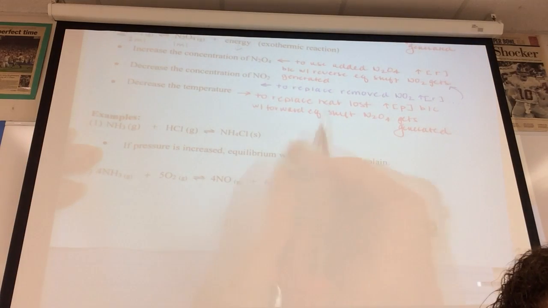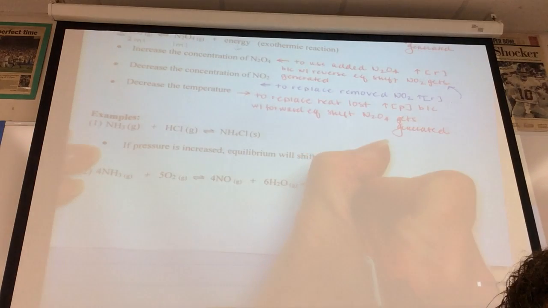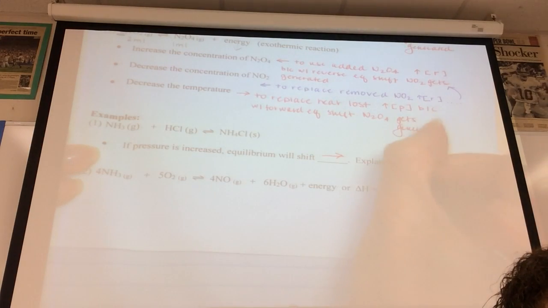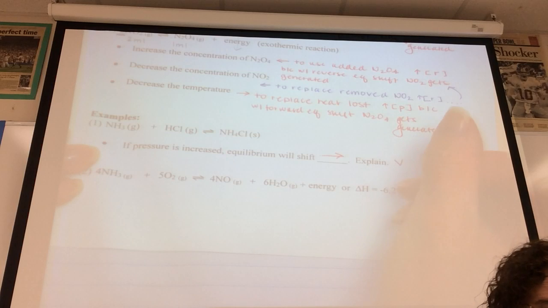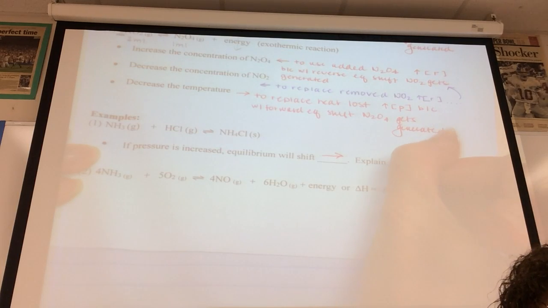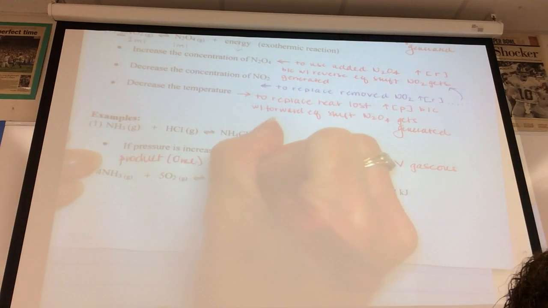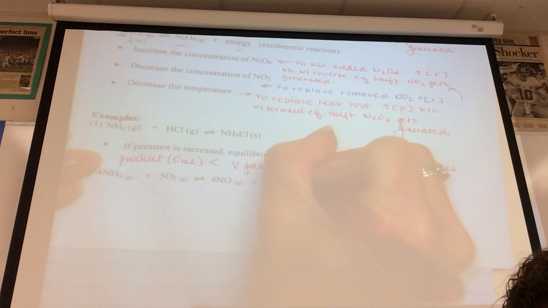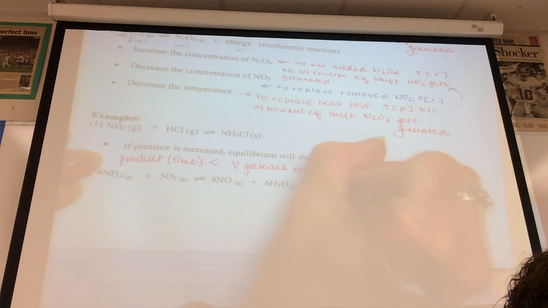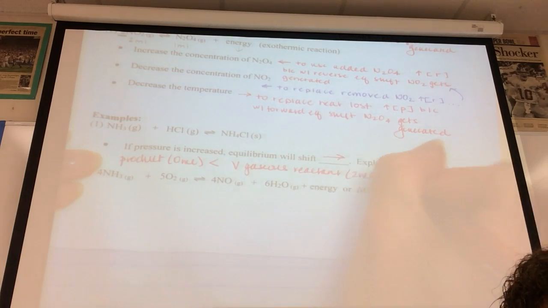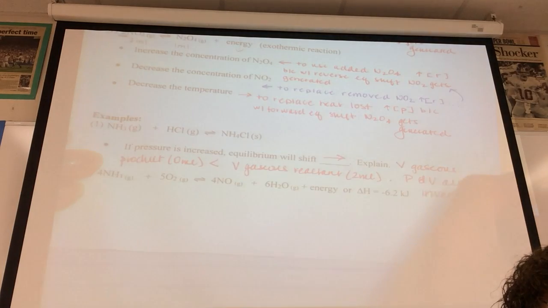So if we increase pressure, equilibrium's going to shift in the forward direction because the volume of gaseous product, which is 0 mils, is less than the volume of gaseous reactant, which is 2 mils, and we know that pressure and volume are inversely related.